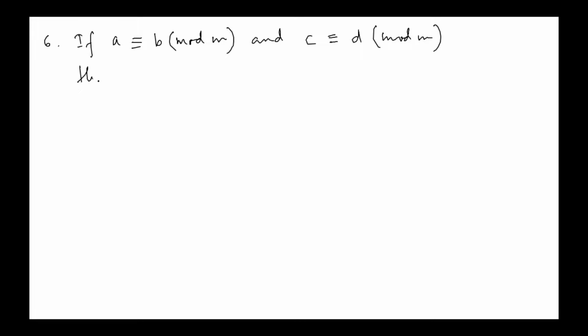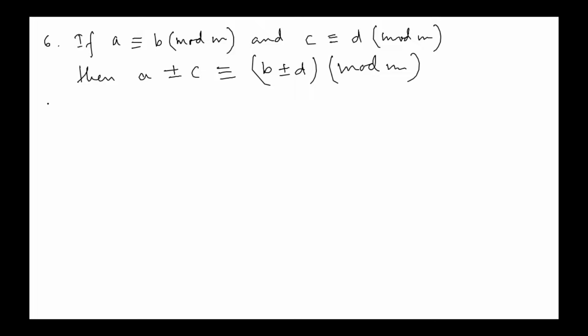Property 6. If a is congruent to b modulo m and c is congruent to d modulo m, then a plus or minus c is congruent to b plus or minus d modulo m.